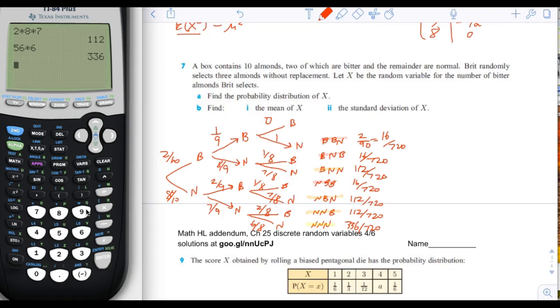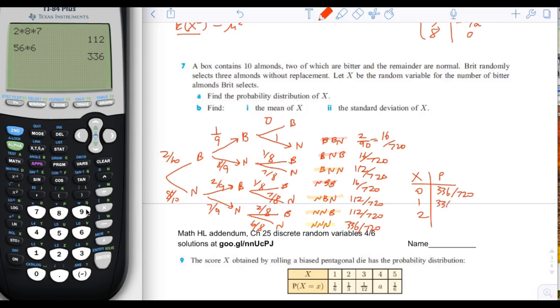So we'll have 0, 1, or 2 bidders. Okay, and the probability for each one: the probability of 0 bidders is 336 divided by 720. The probability of 1 bidder would be 112 plus 112 plus 112, which would be 336.